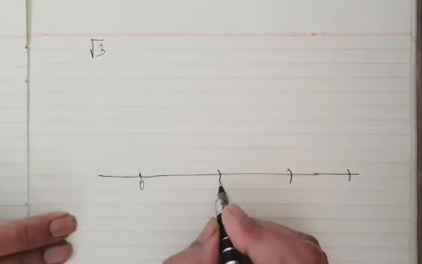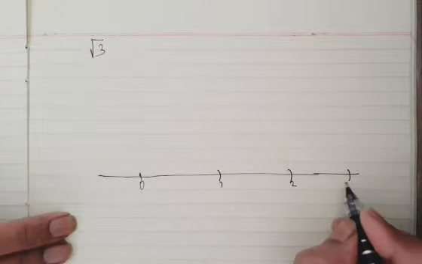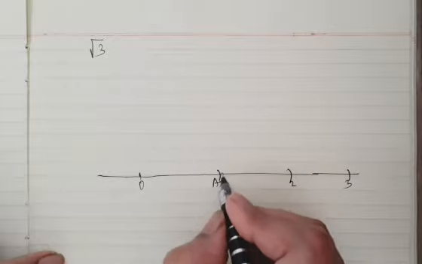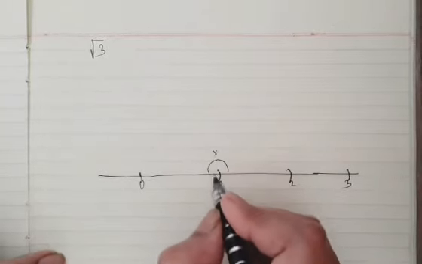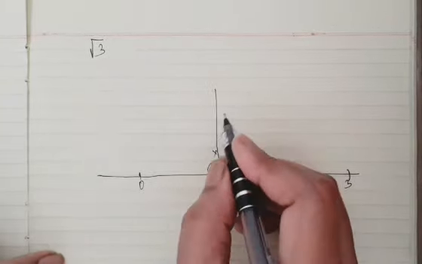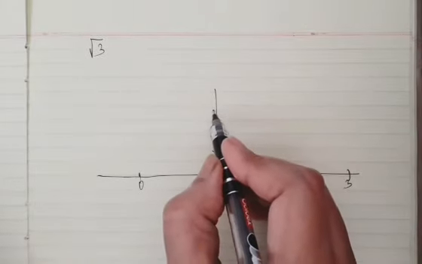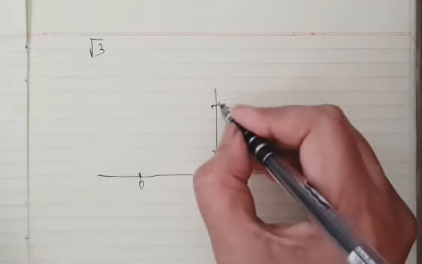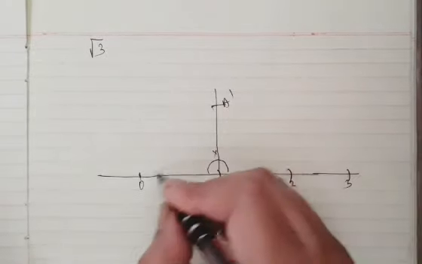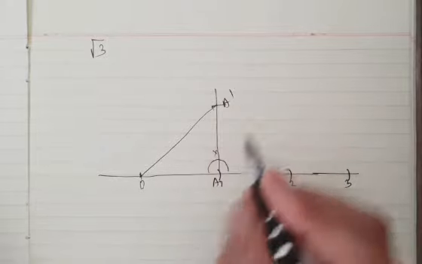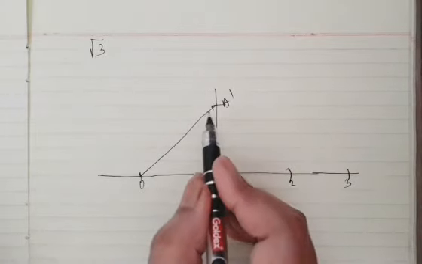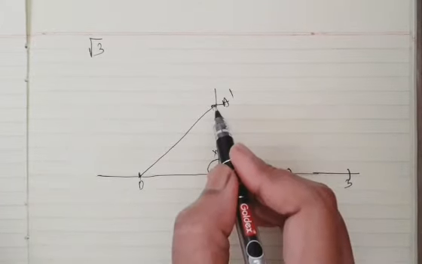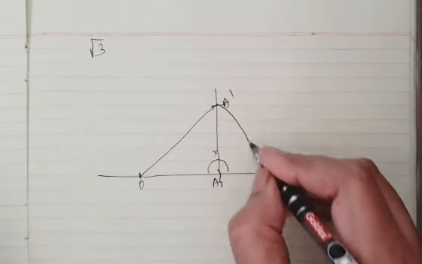Suppose this is your point A. At A, construct 90 degrees. From the perpendicular, you cut 1 unit length. Suppose this is your point A dash. Join OA dash. Then, taking O as center and OA dash as radius, you cut an arc like this.